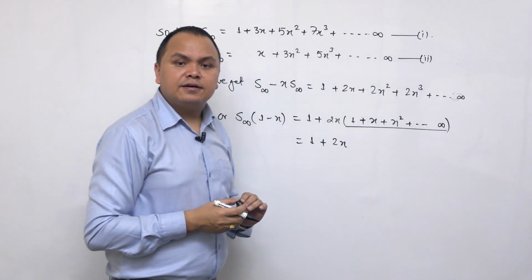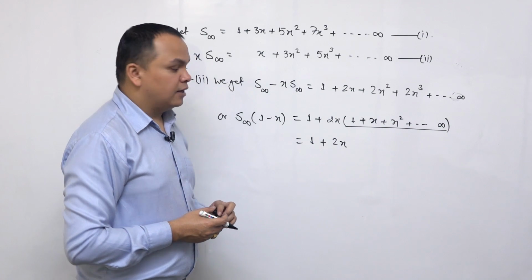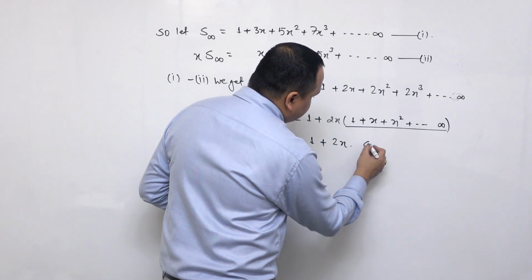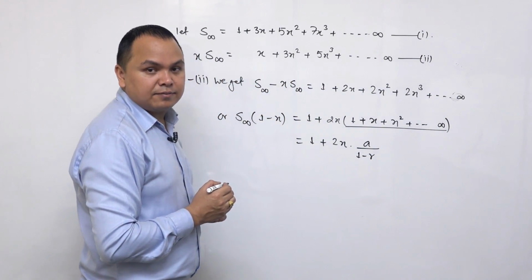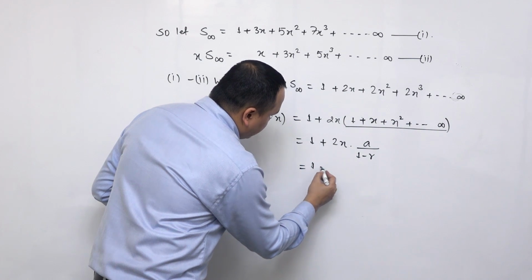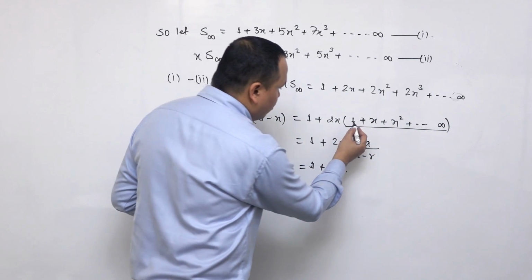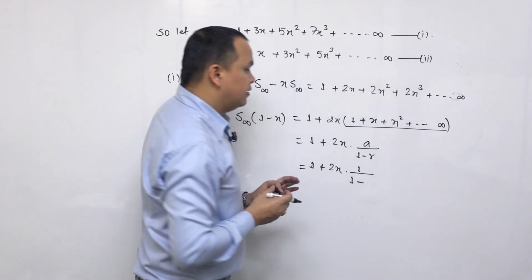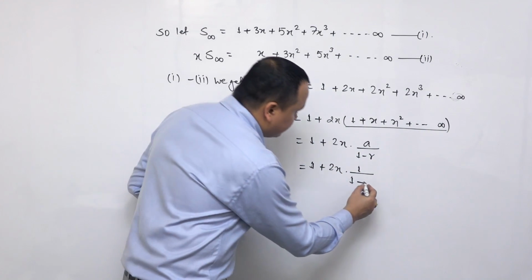This is an infinite GP, and we have the formula: a upon 1 minus r. So it is 1 plus 2x into, our a is 1, upon 1 minus r, where r is T2 by T1, that is x.